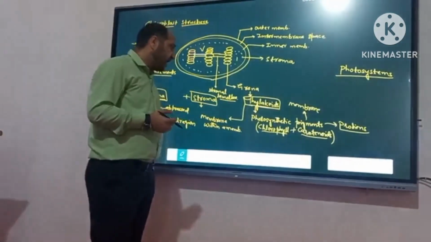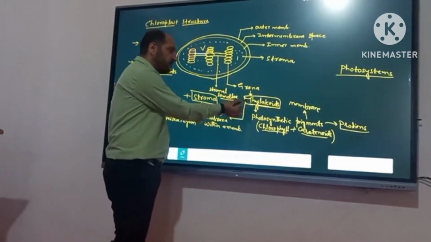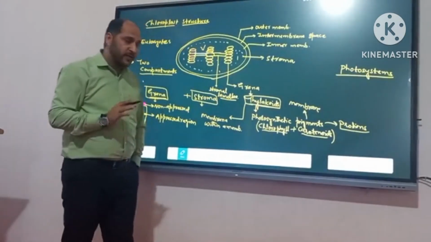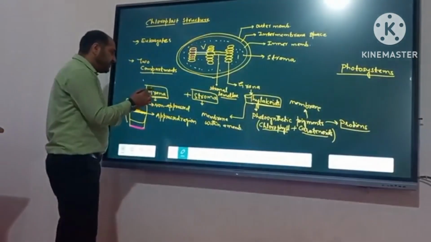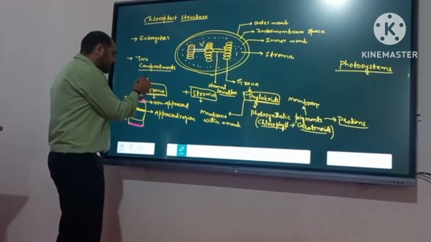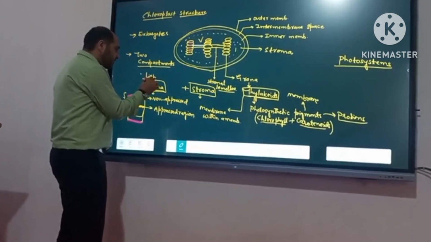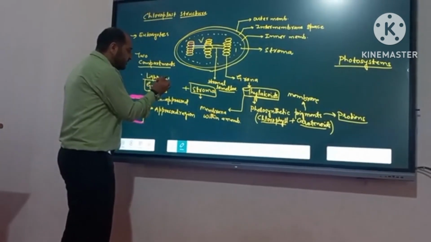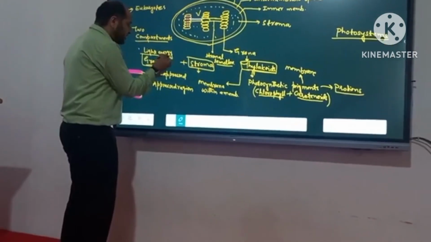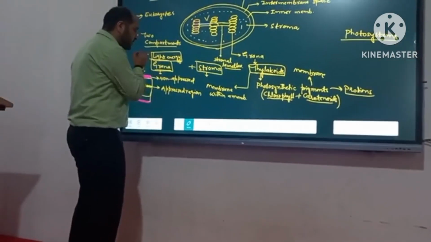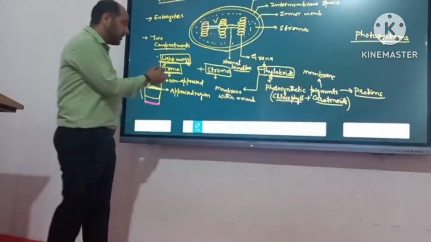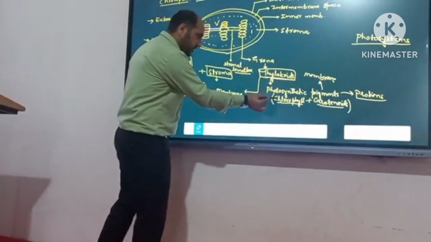And these pigments are bound within the thylakoid membrane. So we can say that light energy is first used up by this grana, because only the grana has these photosynthetic pigments.